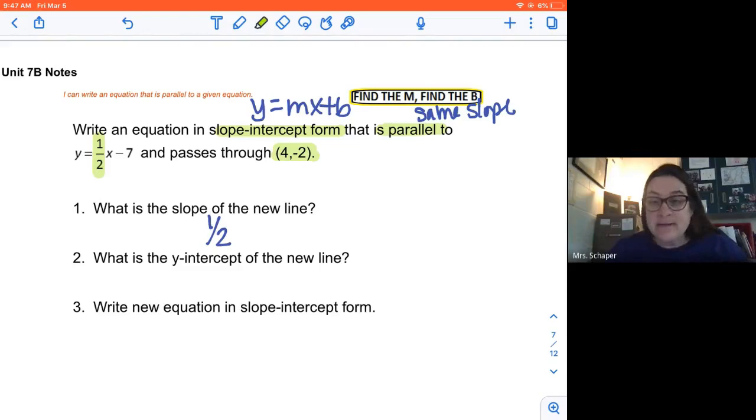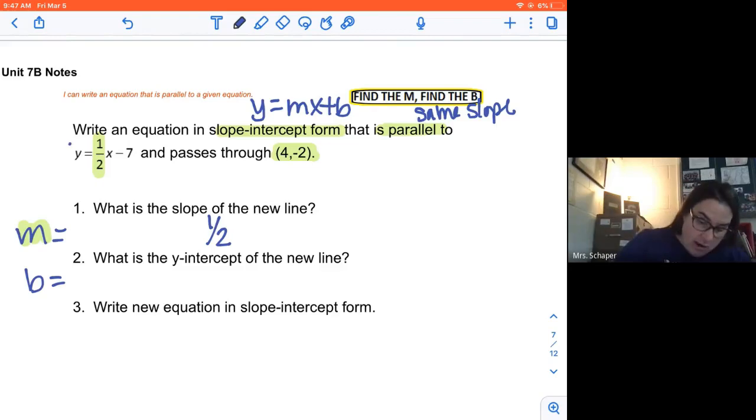Now we've practiced writing equations when you know the slope and a point, because you have to know the m and you have to know the b. We have the m, the slope is 1/2. And that is all I need from this equation, is the slope.